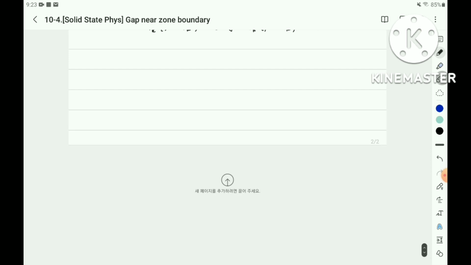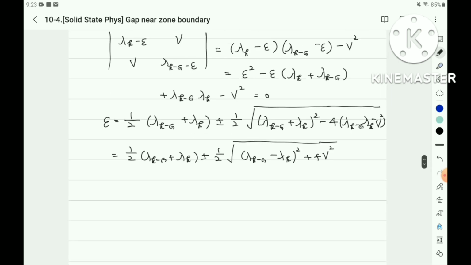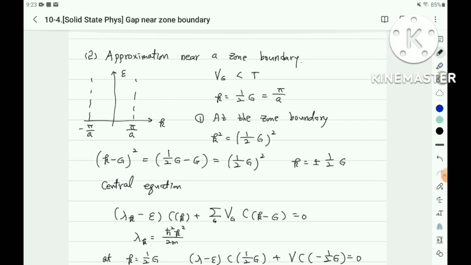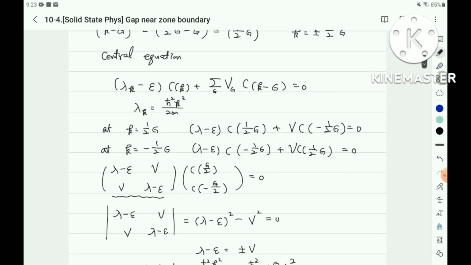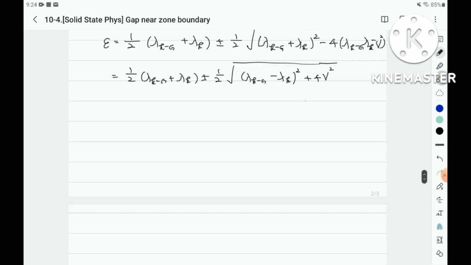Here, because we are near the zone boundary, we know that this is the first Brillouin zone, and let's consider in between k minus g and k.